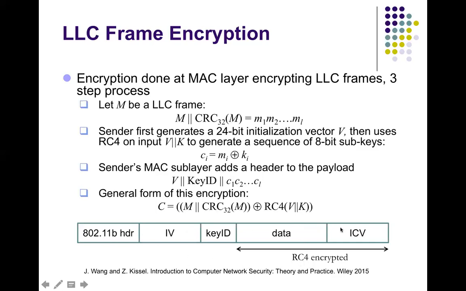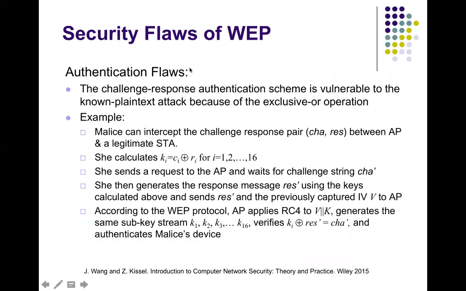This is the data part, M, and the integrity check value of M, which is CRC32 of M. And then you put the key ID, the WEP key, and the initialization vector, and then it puts an 802.11b header. So that is the authentication and encryption.